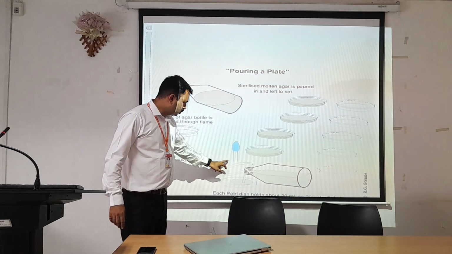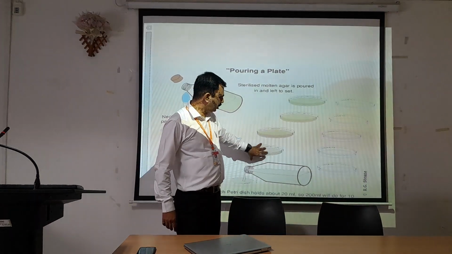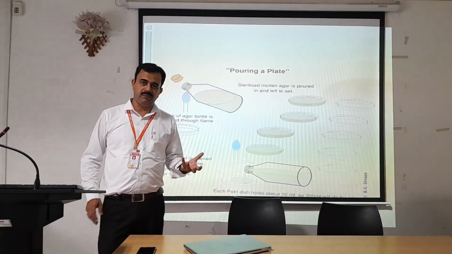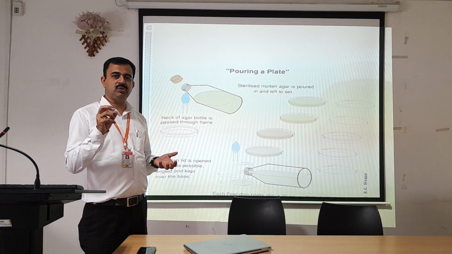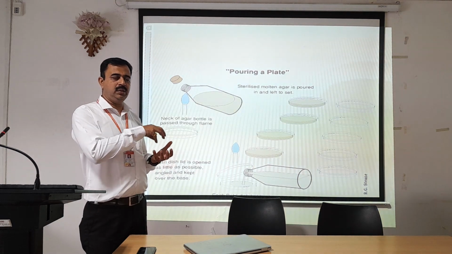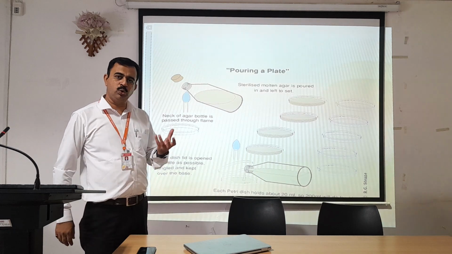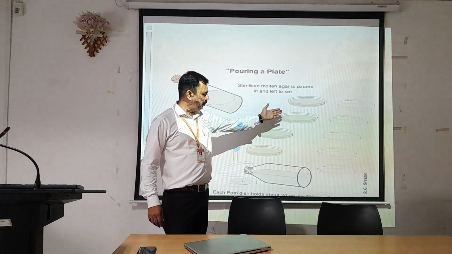Very good. Once this has been done, you have to cover that plate and allow it to stand for a long period of time so that the media cools down. Once the media cools down, because of the presence of agar in the nutrient agar or any sort of medium, the plate slowly solidifies, and ultimately the sterile plate can be developed.